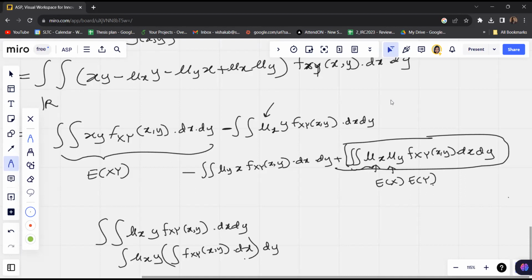It is defined as the integration of the joint distribution over a certain random variable, x or y.